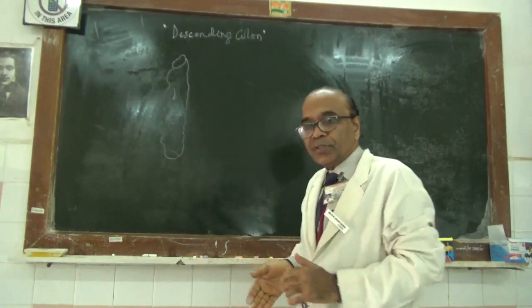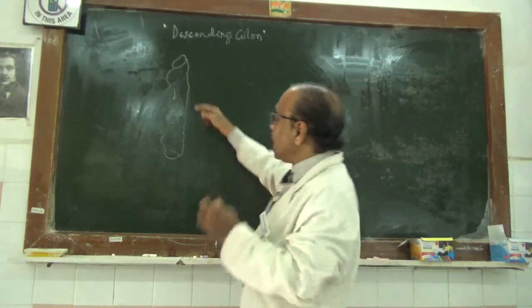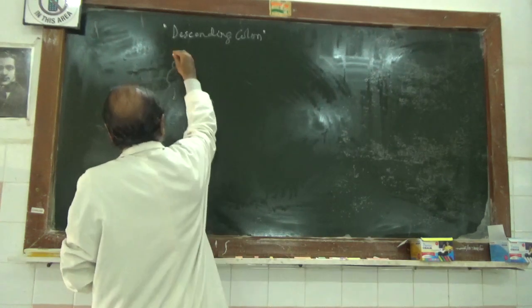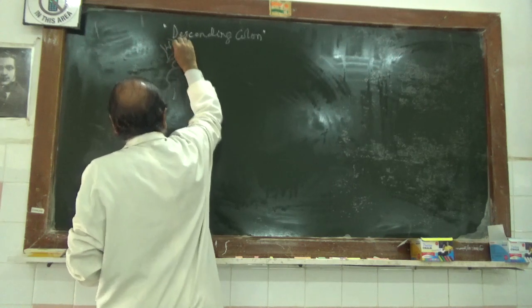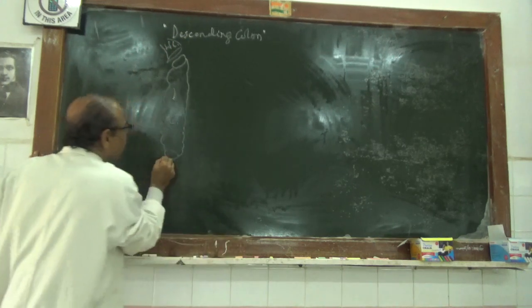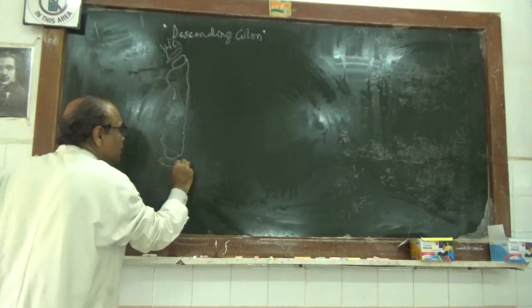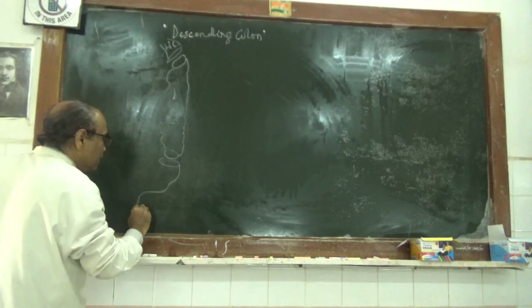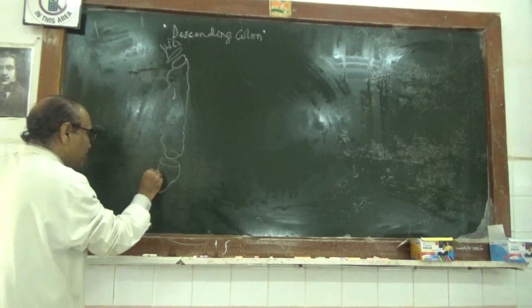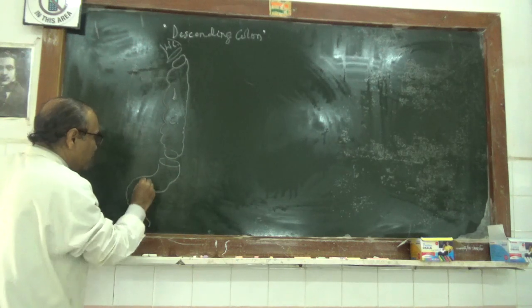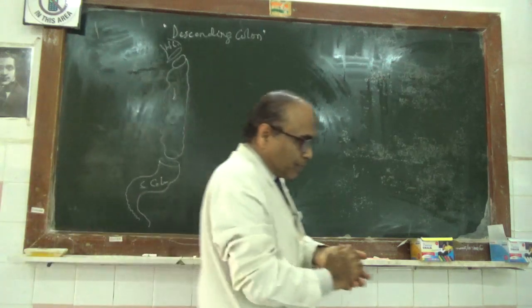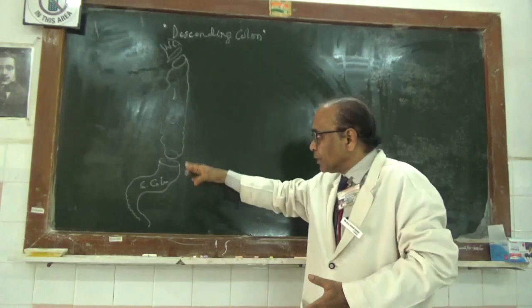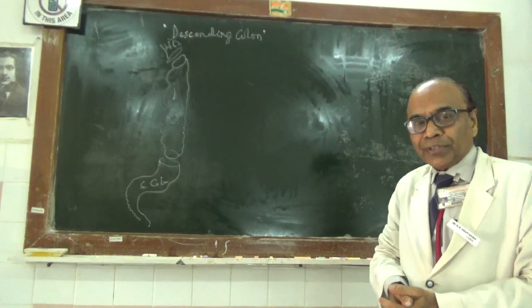This descending colon starts from the ending of the left colic flexure and ends at the beginning of the sigmoid colon. So it will be ending at the level where you have got the left iliac fossa.